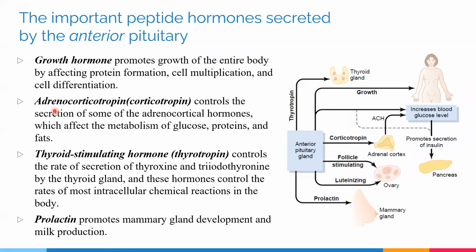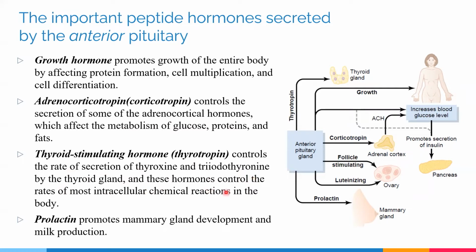Next is the adrenocorticotropin or corticotropin, which controls the secretion of some of the adrenocortical hormones which affect metabolism of glucose, proteins, and fats. There is also the thyroid stimulating hormone, which is known as thyrotropin, which controls the rate of secretion of thyroxine and triiodothyronine by the thyroid gland.